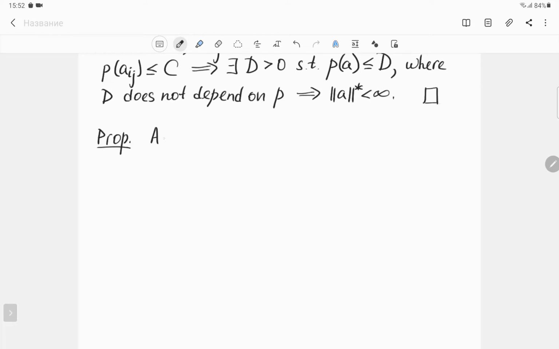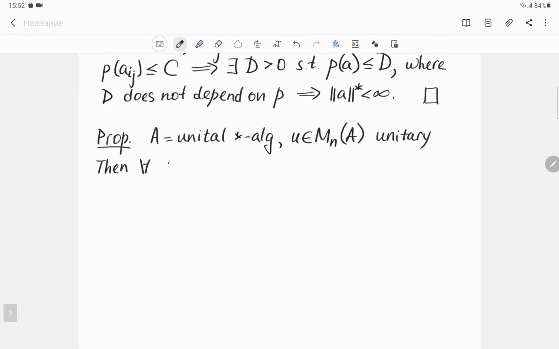Suppose that A is a unital star algebra, and suppose that little u is a unitary matrix, a unitary square matrix over A. I claim that for each C-star seminorm on A, the norms of the matrix entries of u are less than or equal to 1.